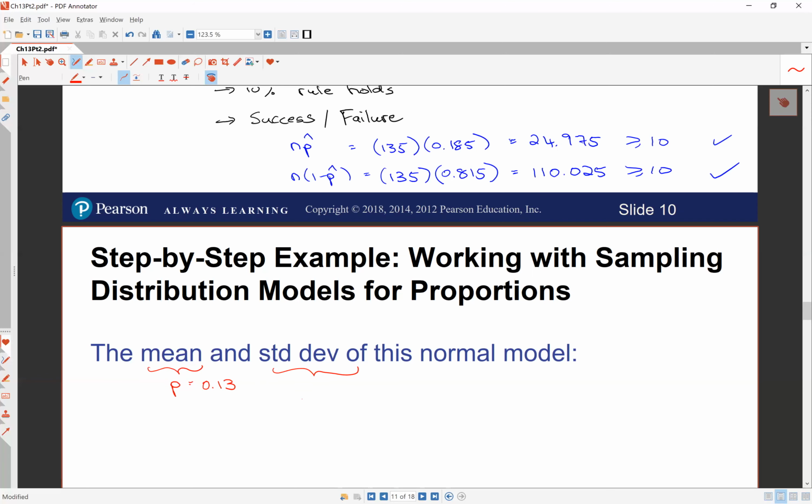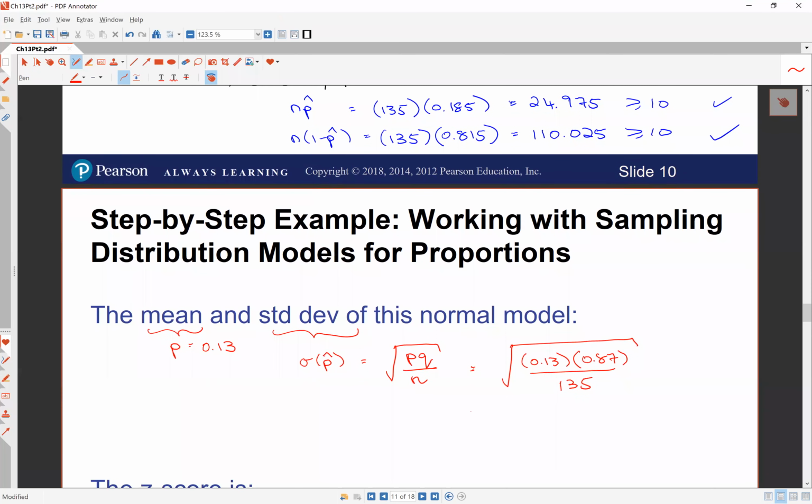Standard deviation, that's this sigma value, which is given by the square root of P times Q over N. So in this example, P is 0.13, Q is 1 minus that same value, which is 0.87, and our sample size is 135.